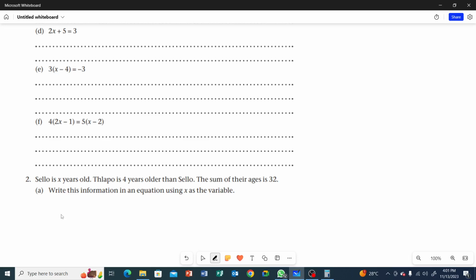Cello is x and Chapo, who is older than Cello, is x plus 4, because they said 4 years older than Cello. Then their sum must give you 32.